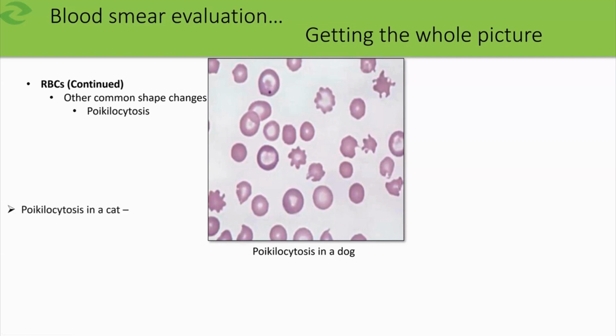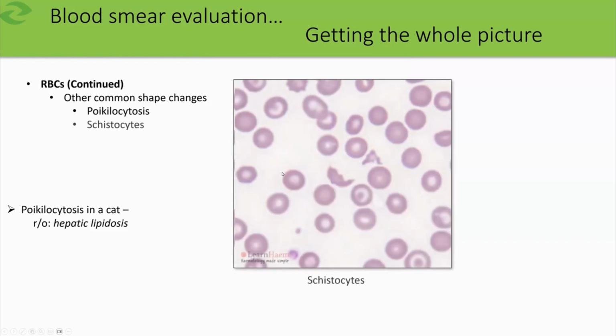So when you see poikilocytosis in a cat, and specifically acanthocytes in a cat, primary rule out should be hepatic lipidosis. There are other causes, but that's the first thing that I'm going to go for. And certainly check liver enzymes and then consider some imaging modalities for that.